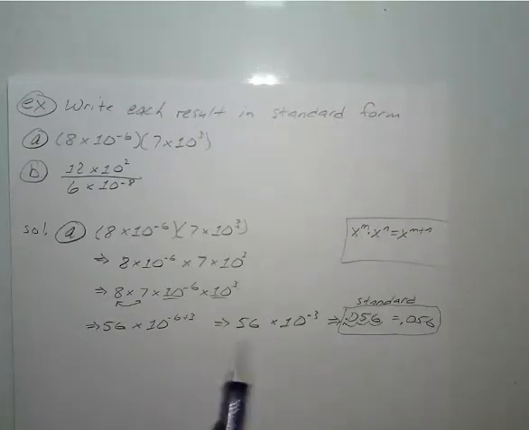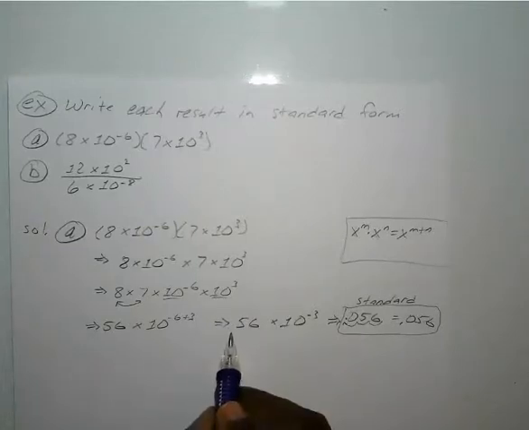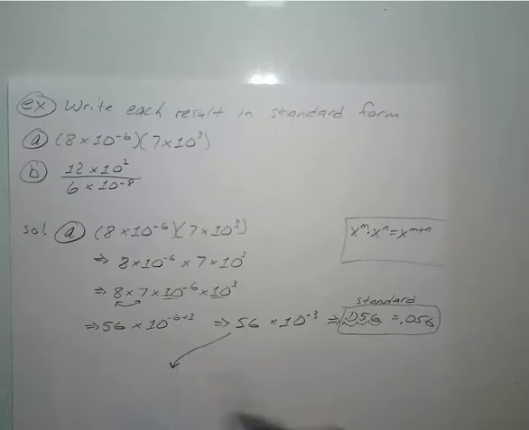Now, it may look like this is in scientific notation form, but it's actually not, because remember, this value A has to be greater than or equal to 1, but less than 10. 56 doesn't fall into that category. So what we do here is move that down here.